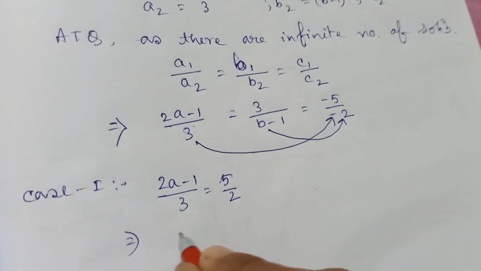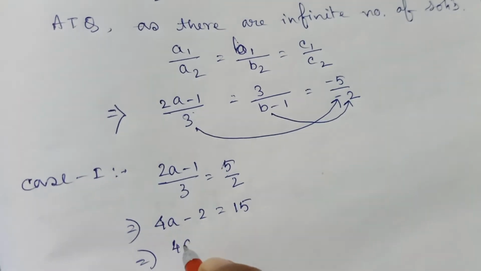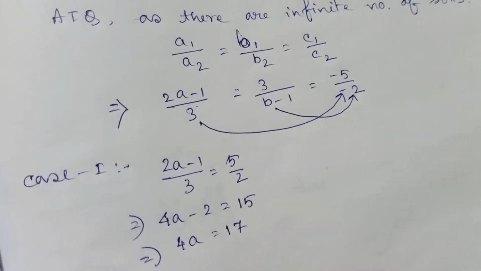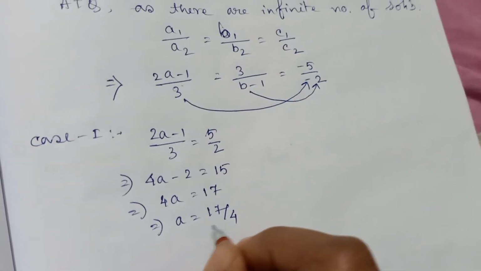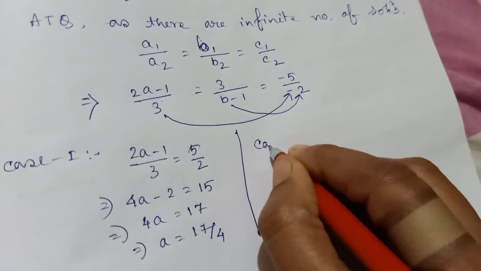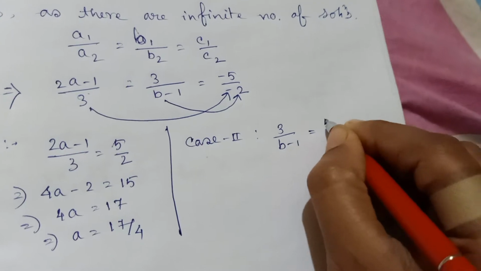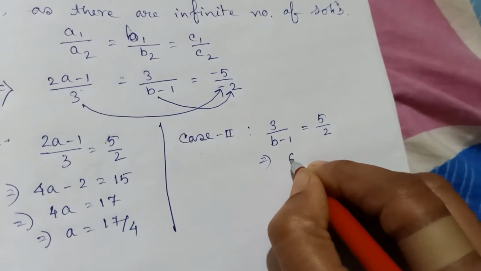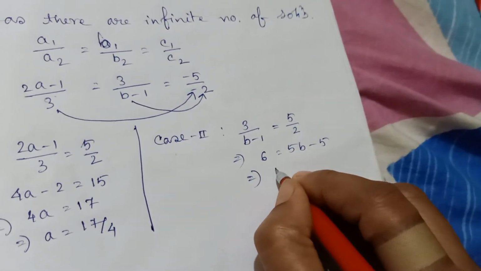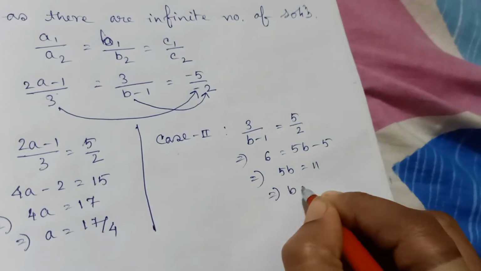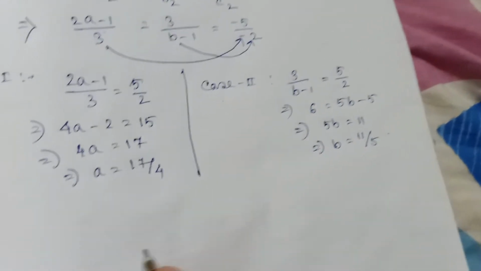Cross multiplication, we will get like this. Okay, so 4a equals 17, so you can say a is 17 by 4. So we have got a's value. Similarly, from case 2, we will get this type of equation, and again cross multiplication, so we will get b's value as 11 by 5.